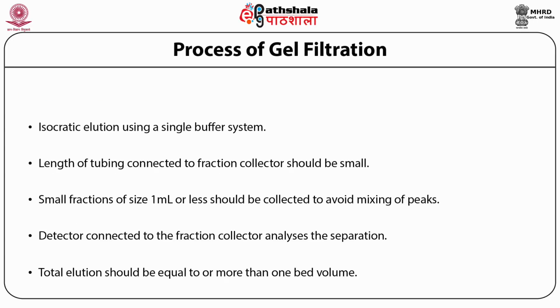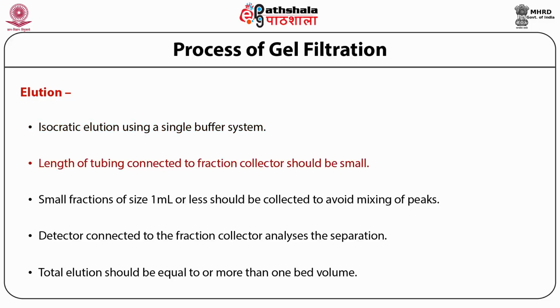Once you have loaded the sample and run the gel filtration, elution has to be done of the sample. For this, a fraction collector is attached to the system to collect the fractions of the elution. The sample is eluted isocratically using a single buffer system.